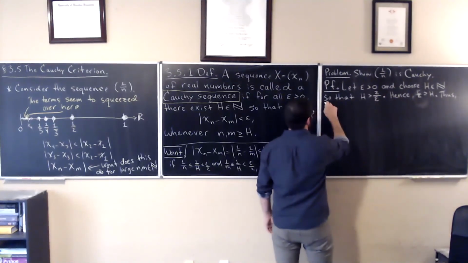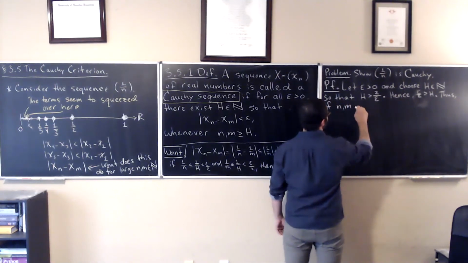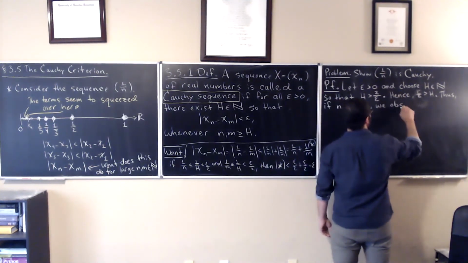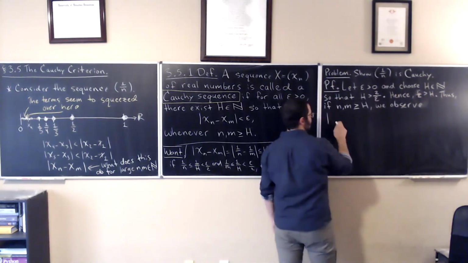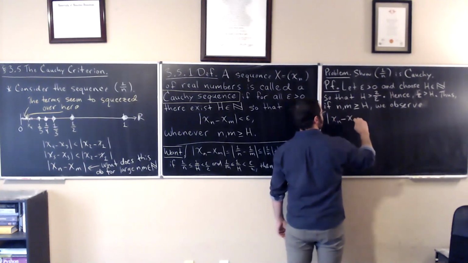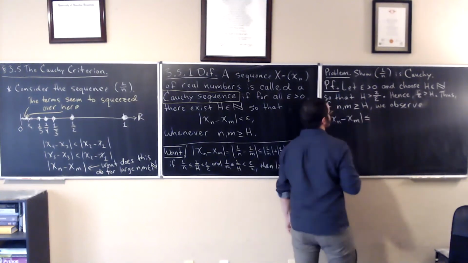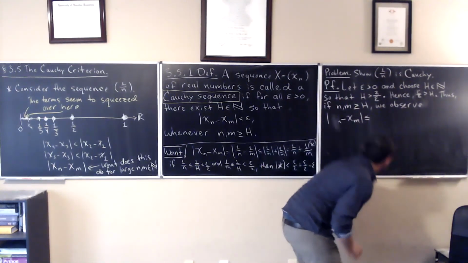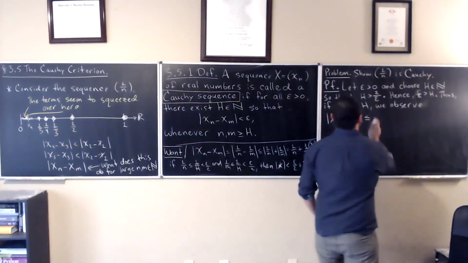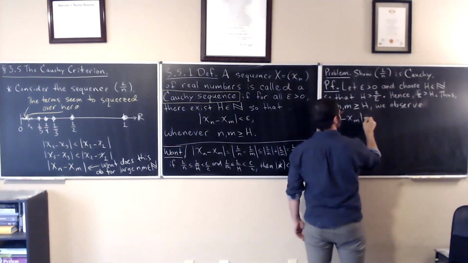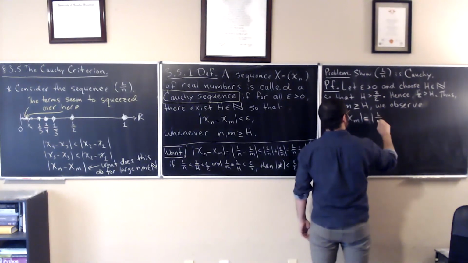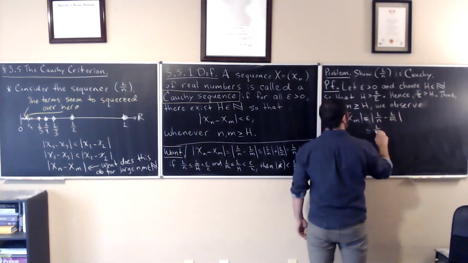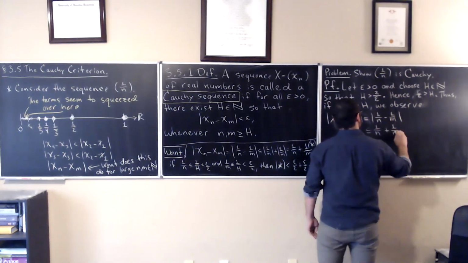Thus, if n and m are greater than or equal to h, we observe that the absolute value of x_n minus x_m is actually equal to 1 over n minus 1 over m, which is less than or equal to 1 over n plus 1 over m.